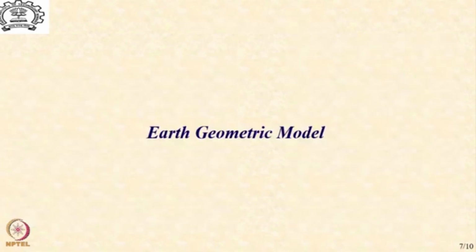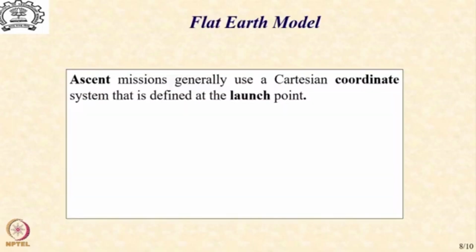Let us now move over to the last modeling requirement, that is Earth geometric model. Ascent missions generally use a Cartesian coordinate system that is defined at the launch point. We have seen this part.